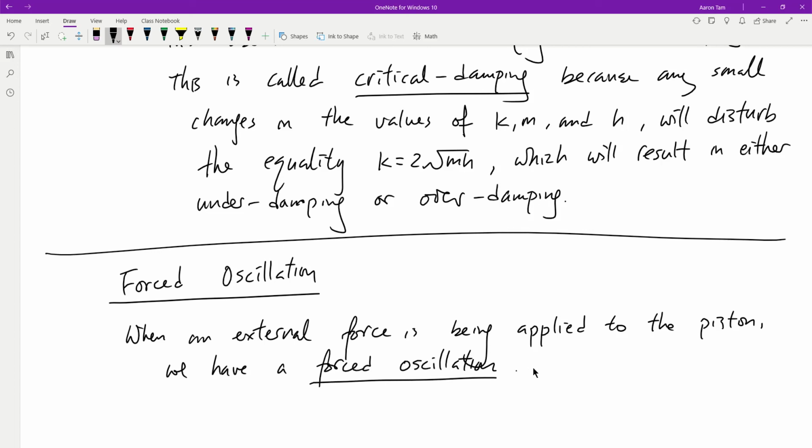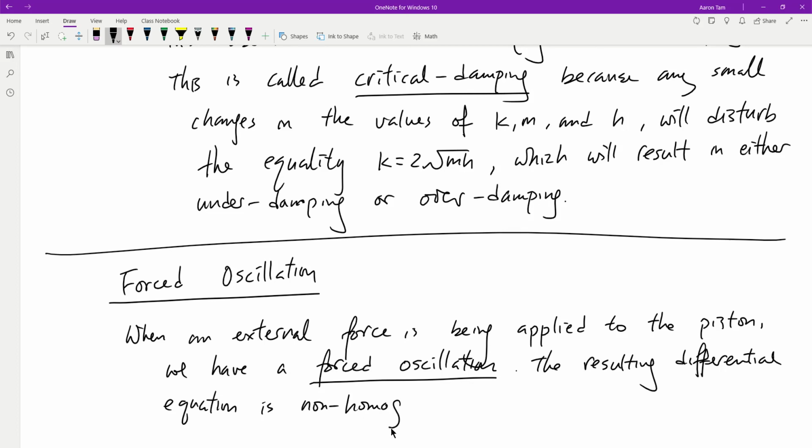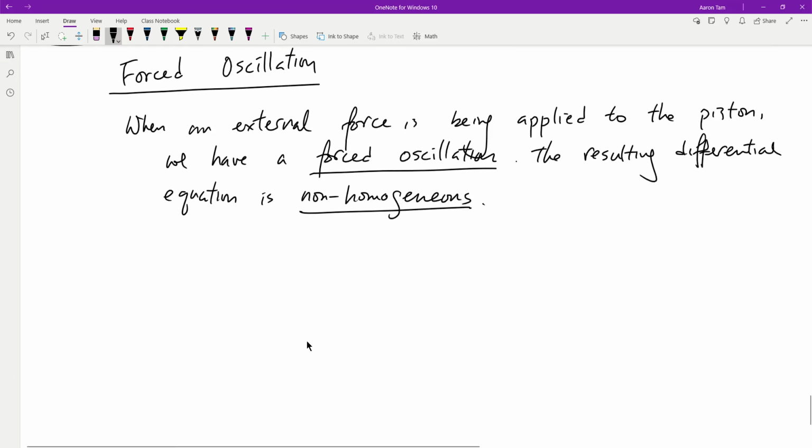What happens is the resulting differential equation is non-homogeneous. And lucky for us, when you have a non-homogeneous differential equation, the solution will basically be a superposition of the homogeneous part and the particular solution, based on what we learned in 11.3.